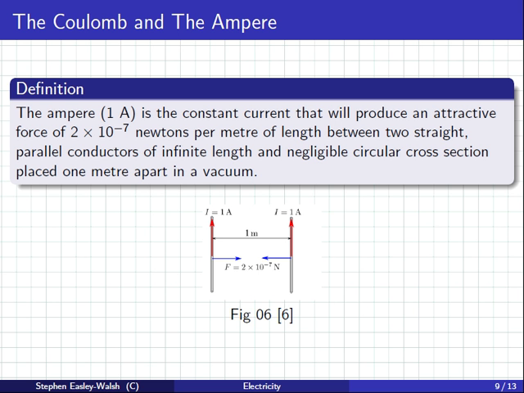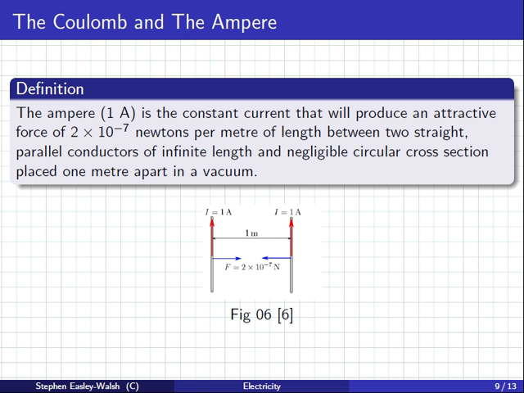Now you know there's going to be forces. Electrons and protons interact, positive, negative, and so on. So if you place them 1 meter apart, and you get this much force, 2 times 10 to the minus 7 newtons, then you say you have 1 amp.